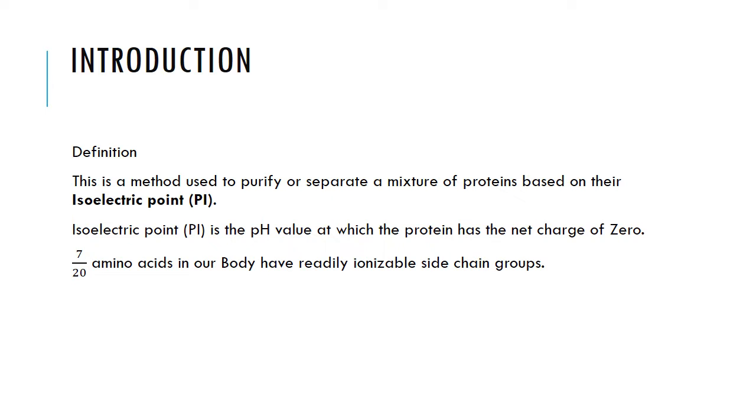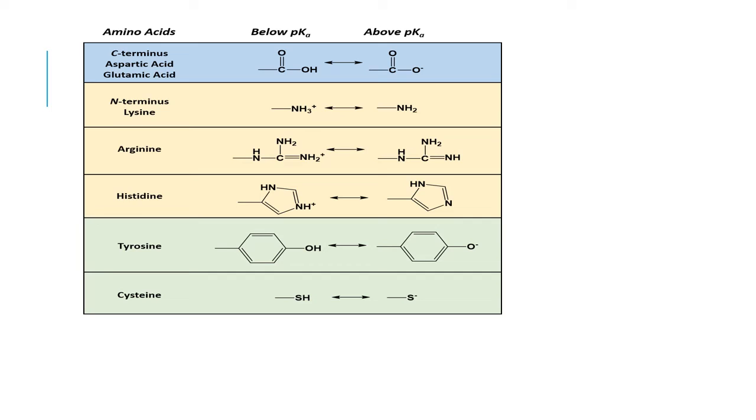We are going to see how we use those side chain groups in the separation or purification of the proteins. So these are the 7 amino acids that are readily ionizable.